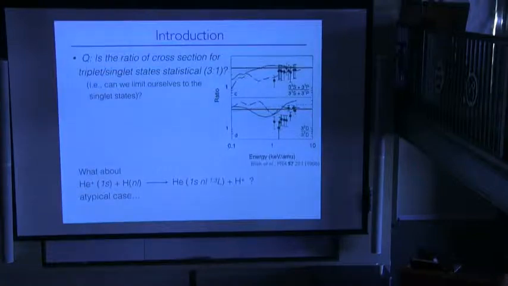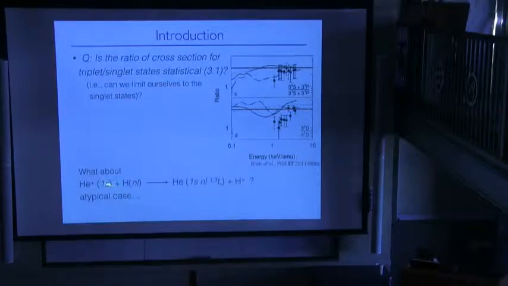And from a computational point of view, from my point of view, the question can be transformed into: can we limit ourselves to calculating either singlet or triplet states, because it's twice as much work to do it for both spin symmetry reports. Now, what about the collision I'm interested in? So helium plus H. Well, it's not exactly representative of what I mentioned, and there are several reasons.